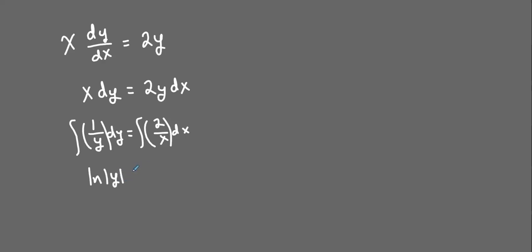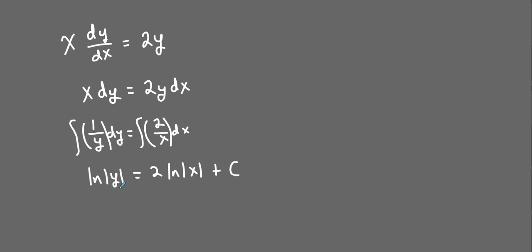There's a plus c, but we're just going to move all the constants to one side, so I'm going to hold off on that. I'm going to move the 2 out front, just factor it out. And then the antiderivative of 1 over x would be natural log of absolute value of x. And then I'll put both arbitrary constants together on the right side, call it plus c.